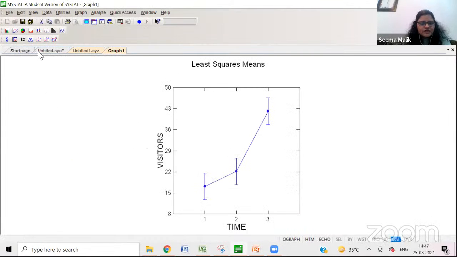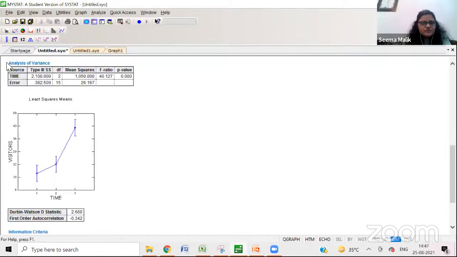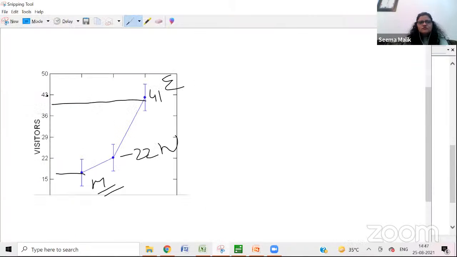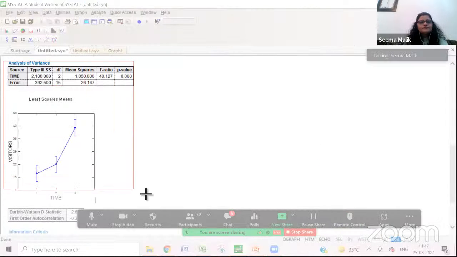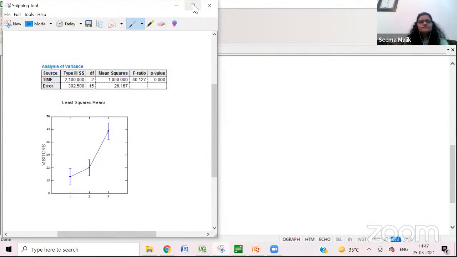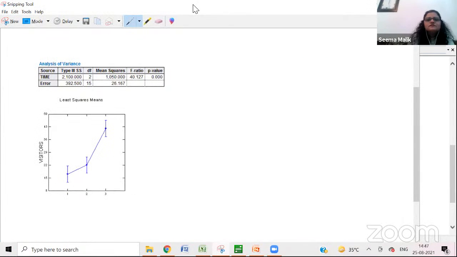After the start page, we have one more sheet where the results are stored, titled Analysis of Variance. So this is the p value. I'm taking all these results on the board. In ANOVA, there is an F test, analysis of variance.